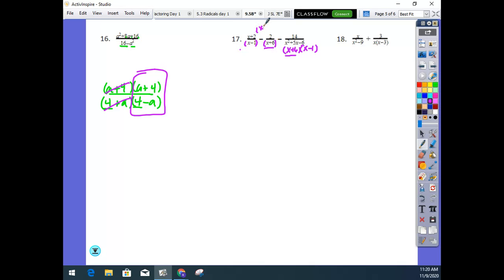So I'm going to multiply top and bottom to get x plus 6. Now these two both contain x minus 1. This one in the middle still needs x minus 1. So my common denominator is x minus 1, x plus 6.